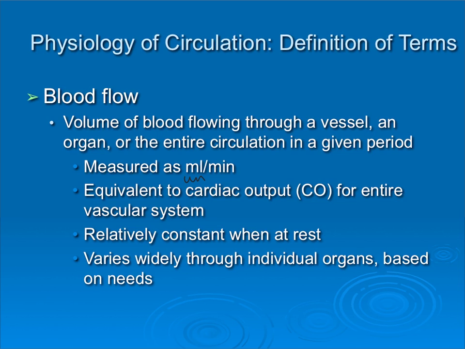Okay, so if you can control how much blood leaves the heart, again, you're basically controlling how much blood is flowing through the rest of the circulatory system. When we're at rest or in parasympathetic mode, it's relatively constant. It doesn't need to change. However, when our activities change or different demands of the body increase, we would need to increase the amount of blood flow through that particular area.